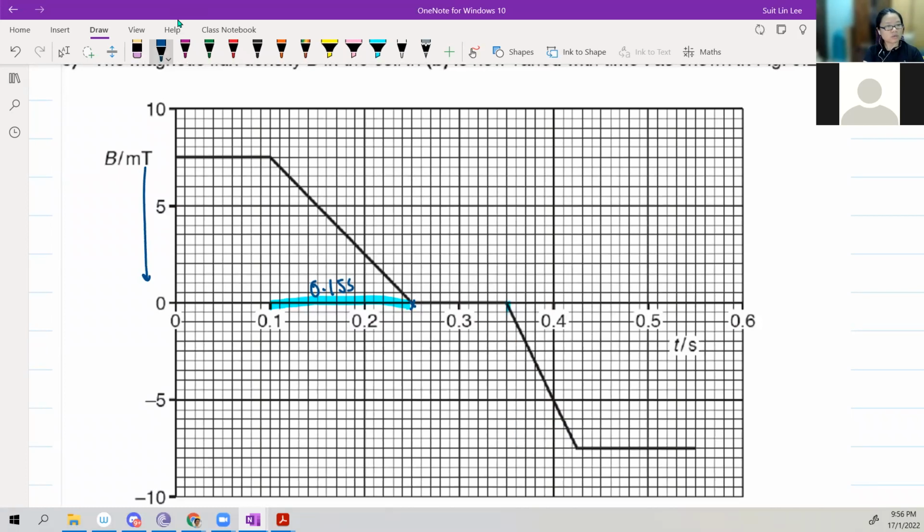So from here to here, B increases to 0, and then from here to here, B increases in the opposite direction, opposite to initial direction. That's why it's negative 7.5. And if you notice, this one is half the time.